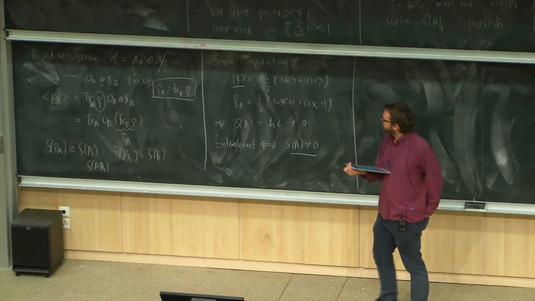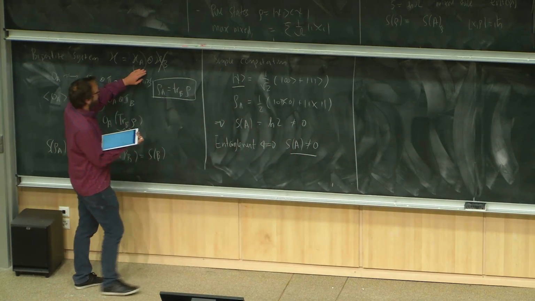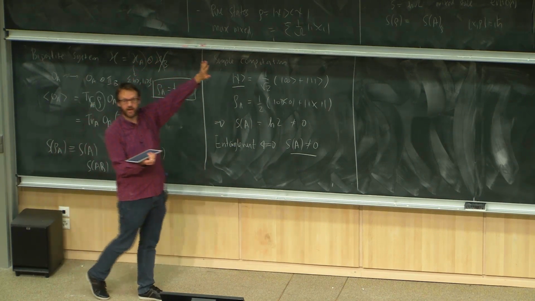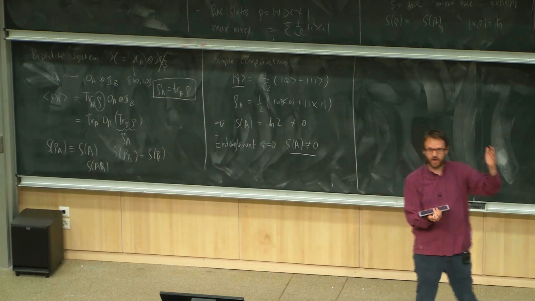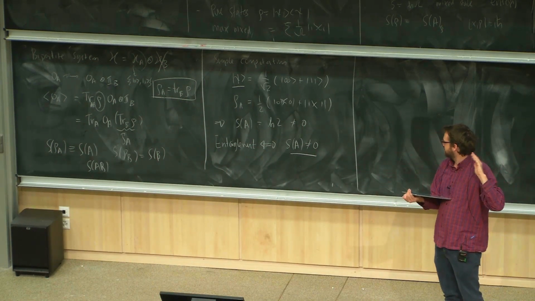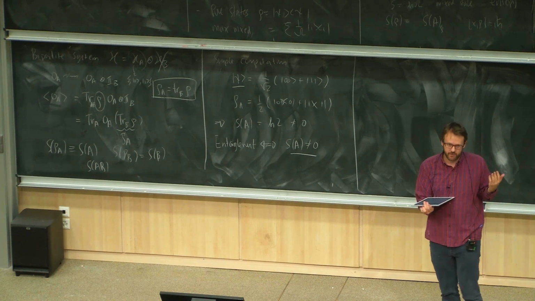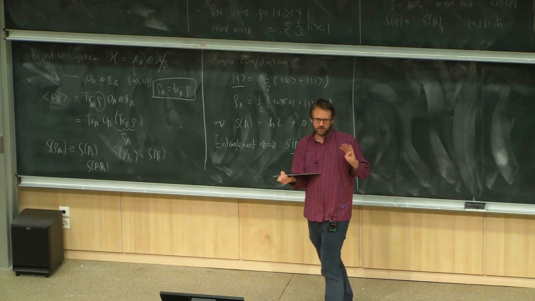Sure. Yeah, that's correct. But we might be interested in whether there's some notion of entanglement between A and B, and then we shouldn't have to worry about the other system to decide that, right? And that is a difficult problem. If you talk about the third party, then that becomes a question about entanglement for three parties, which is similarly difficult. Now, there are answers to these questions. I'm just not going to go through them.